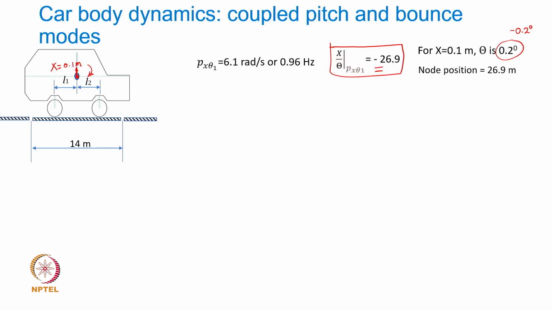Which actually means that you have to rotate the body in the counterclockwise sense. Okay, so if I move it vertically up, the motion will be in the opposite direction like that. Okay, and then this body has to pitch like this, and this angle with the horizontal is going to be 0.2 degrees.